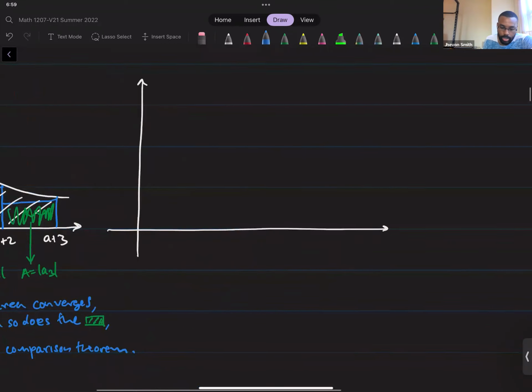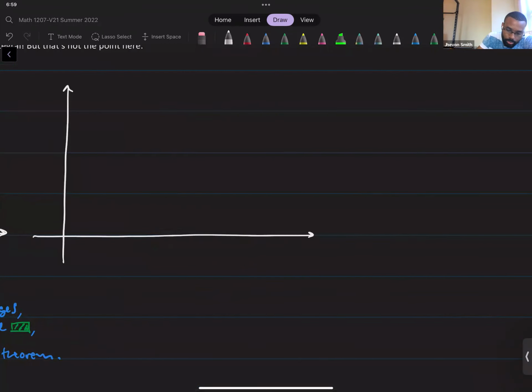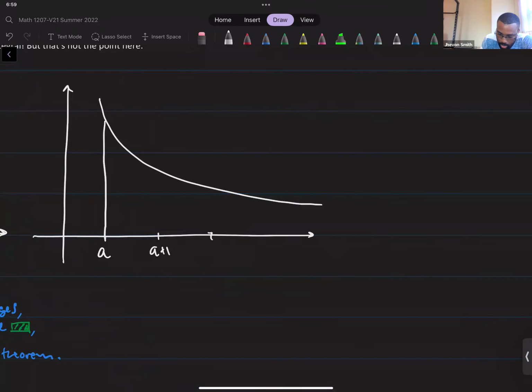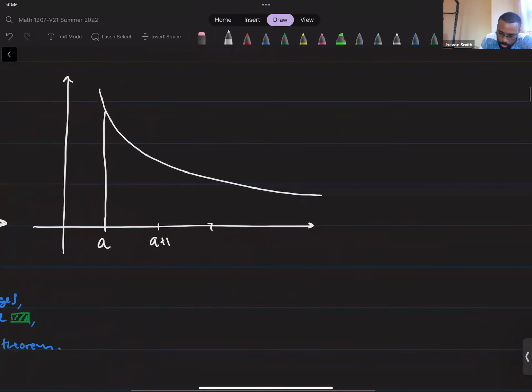Now you can do this in another way. Starting from a, let's make this a plus 1, a plus 2, and this is going on. This time, what we can do is put the rectangles above. Kind of switch to a left-hand rule kind of thing.